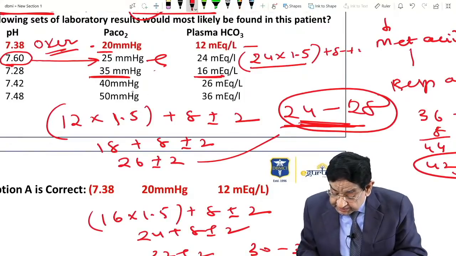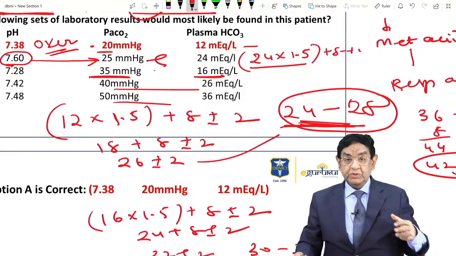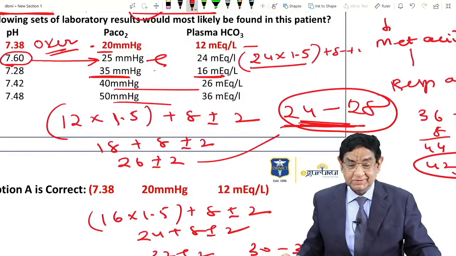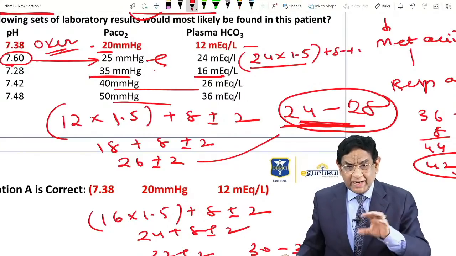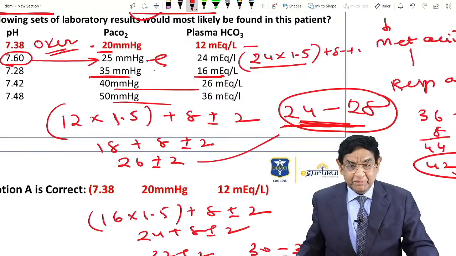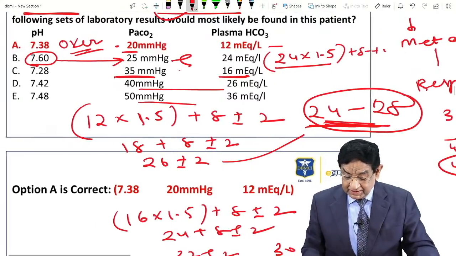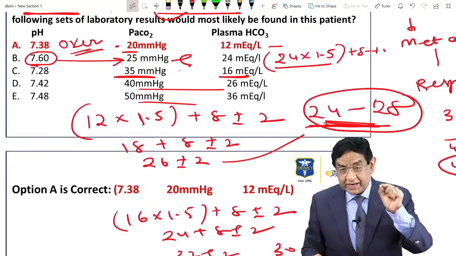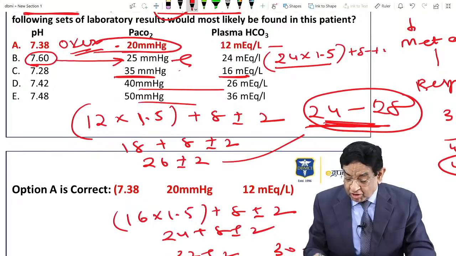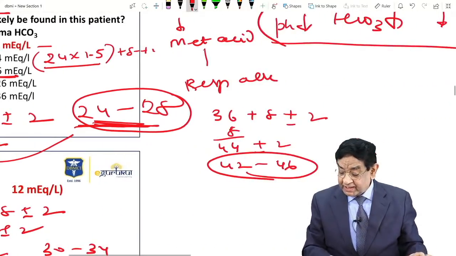What about this one? If you calculate, all are very close. It's a really very good question. All are quite near to each other.